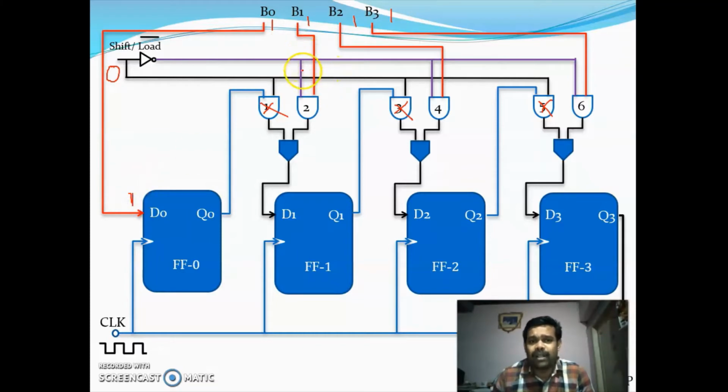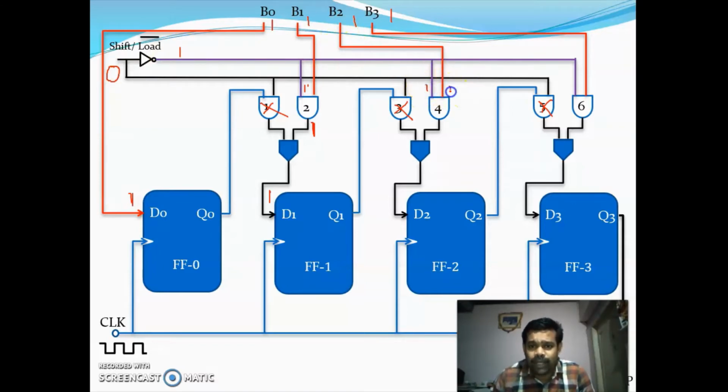Now since one of the inputs of AND gate 2 is already 1, and B1 is 1, here we will be getting 1, and if one of the inputs of this OR gate is 1, the output will be 1. Similarly here, one of the inputs of this AND gate is already 1 because it is connected to this line, and B2 is 1.